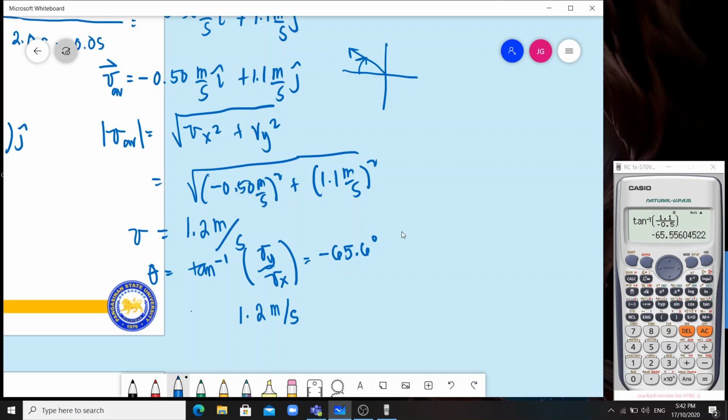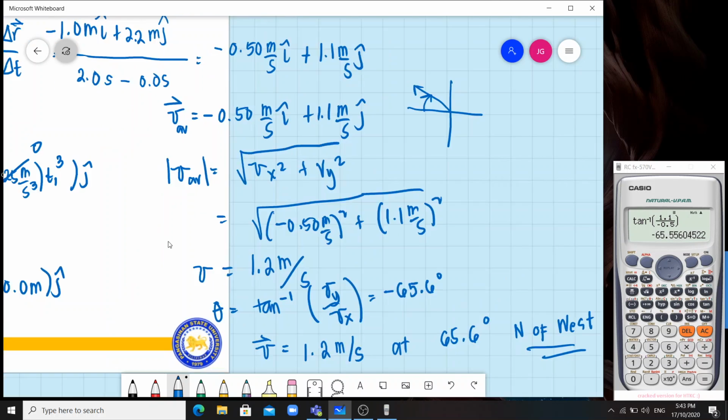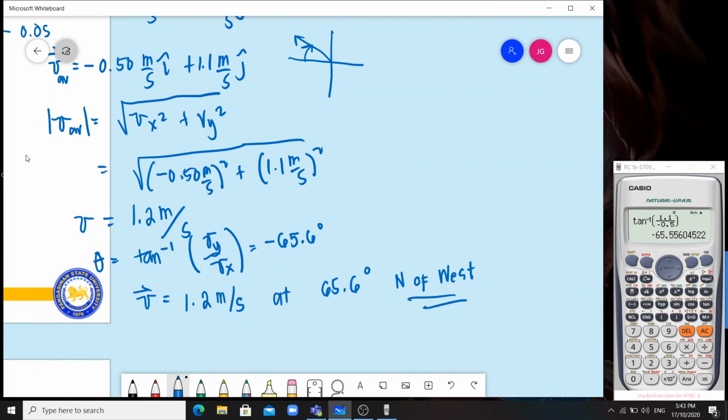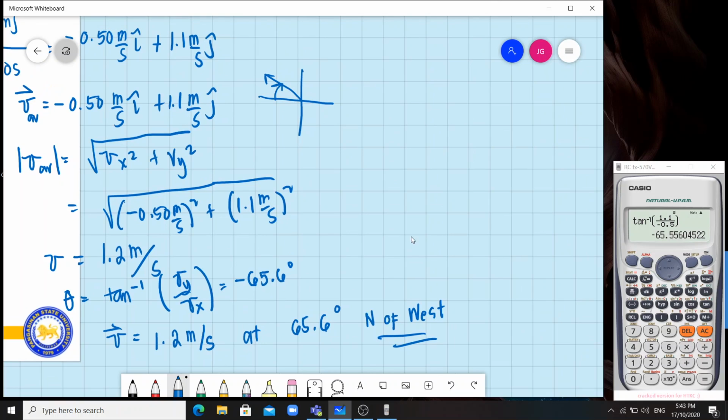The velocity is 1.2 meters per second at 65.6 degrees north of west. Okay? That is how you give it a direction. Okay? North of west.